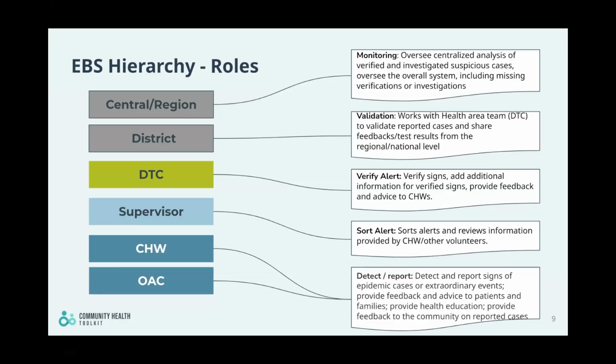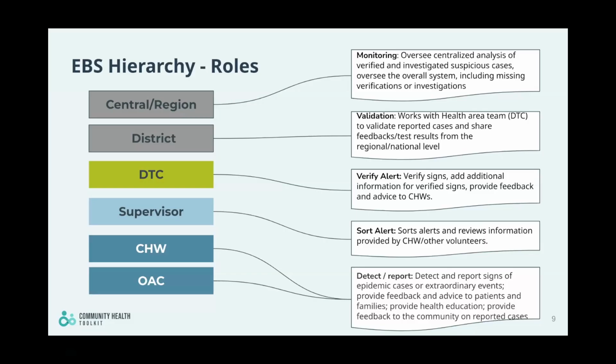The district will validate everything and give advice. And the central level also is part of this project. They monitor, oversee everything, do some analysis, and also give advice on how they can handle what is happening in the community.